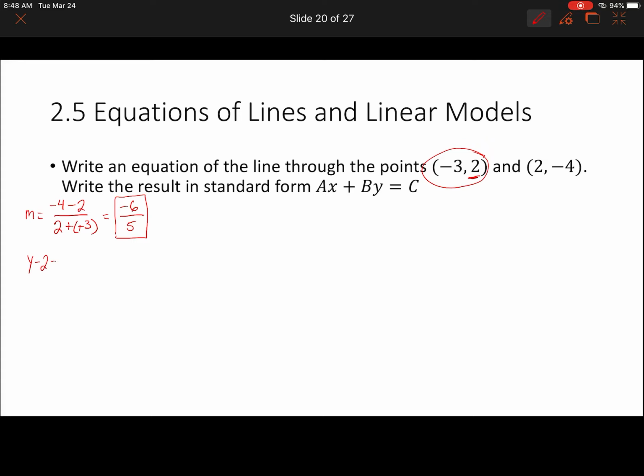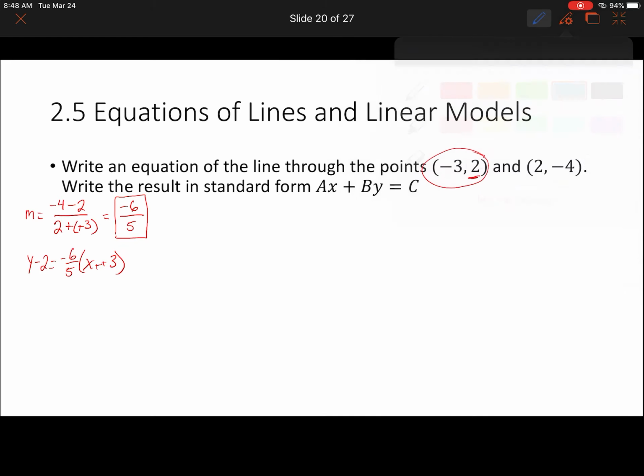And so in our point slope form, we have y minus this y coordinate of 2, and that's equal to our slope, which is negative 6 over 5, times x minus the x coordinate of negative 3. Again, that minus and negative does make that a positive.